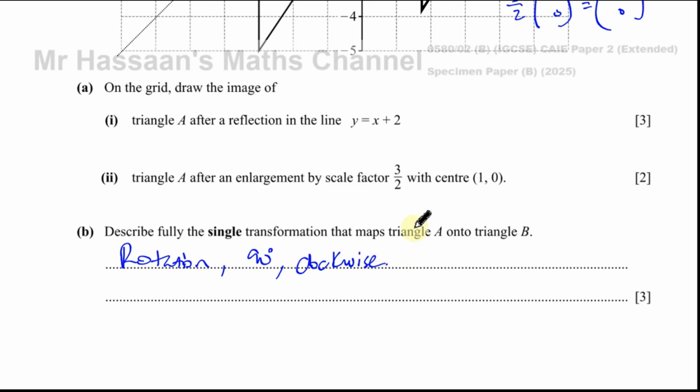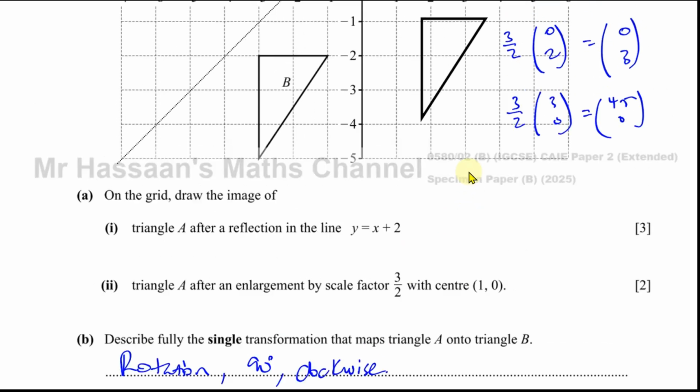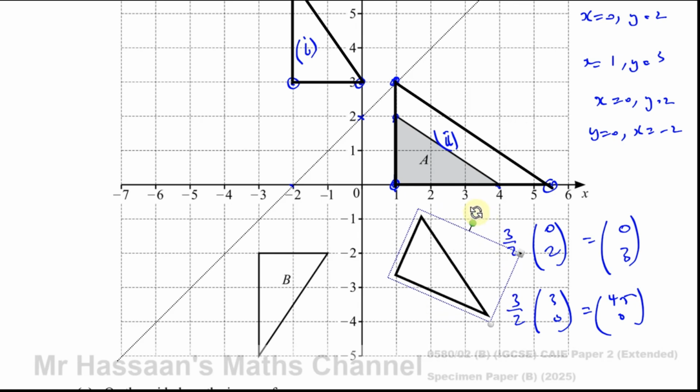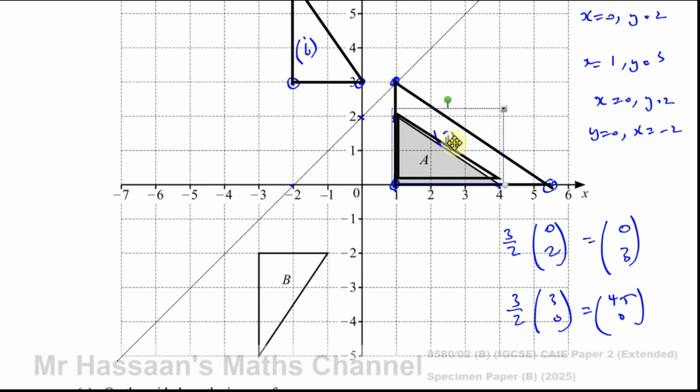It's worth 3 marks. There's one thing missing, which is very important, and which is probably the thing that most people find difficult in this topic, and that is to find the center of rotation. So we found out it's a rotation, and we found out whether it's clockwise or anti-clockwise, here it's clockwise.